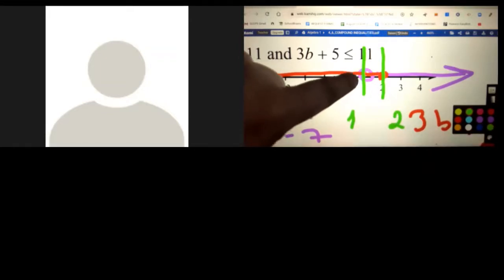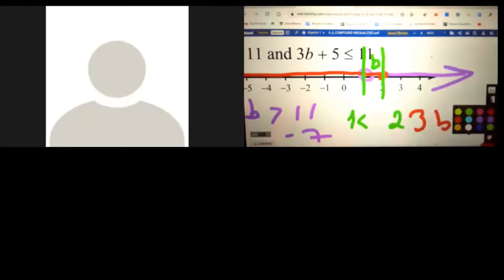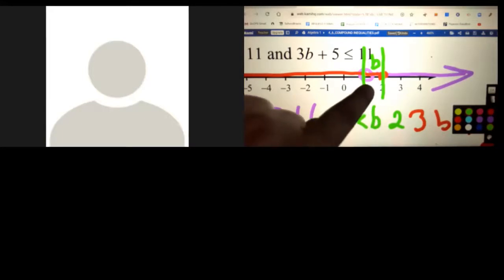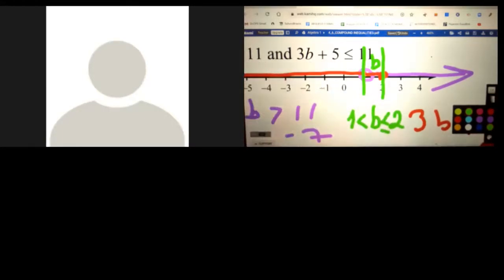The 1 is an open circle, so it is just less than, because all my b values are between here, and that's b, but it can be equal to 2. Does that make sense?